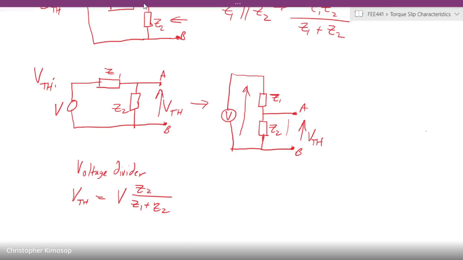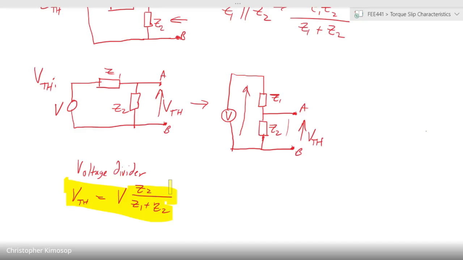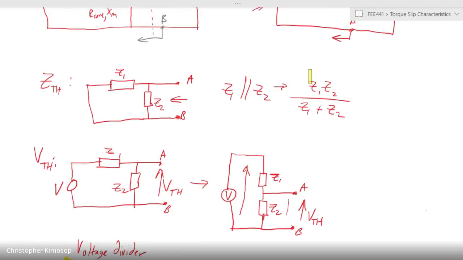So we have these two expressions that we will make use of later on, okay? So Z is looking like that, right? So that's a brief review of what we had in the past with regards to our voltage.